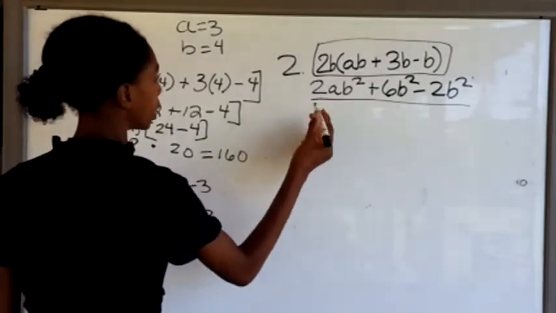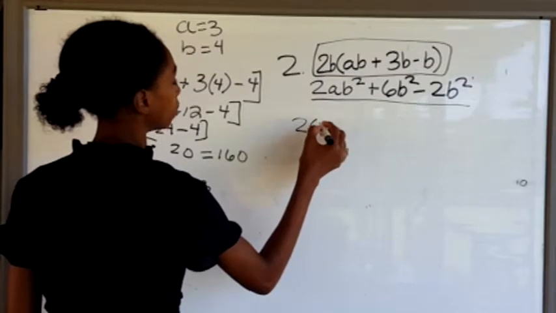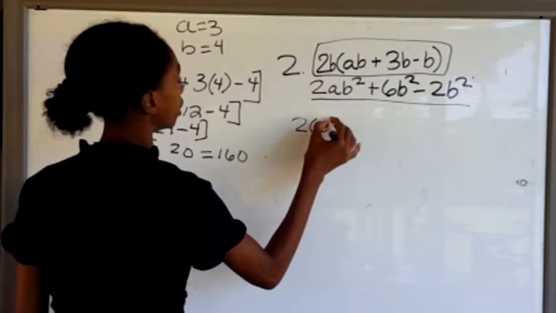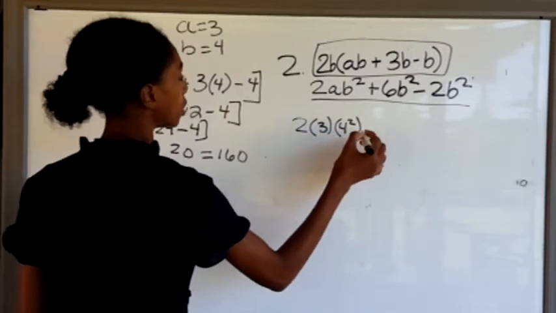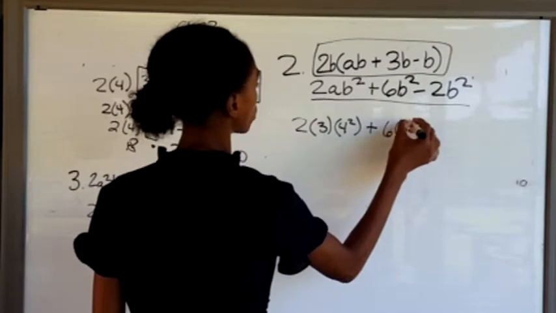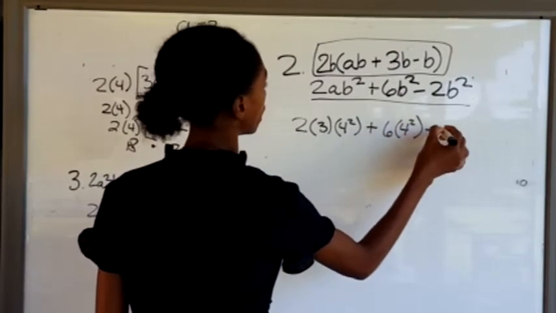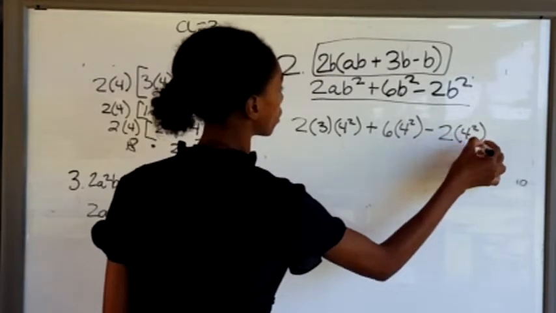Alright, so then if we plug it in here, we have 2 times 3 times 4 squared plus 6 times 4 squared minus 2 times 4 squared.